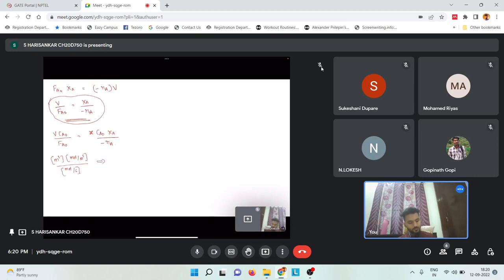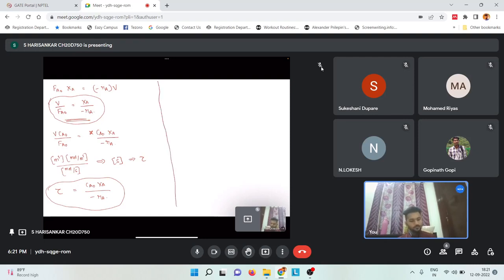This comes out to be second, and that is the unit of tau. So tau is equal to CA0 XA by minus RA. This is another form of the general equation for CSTR in terms of space-time tau.